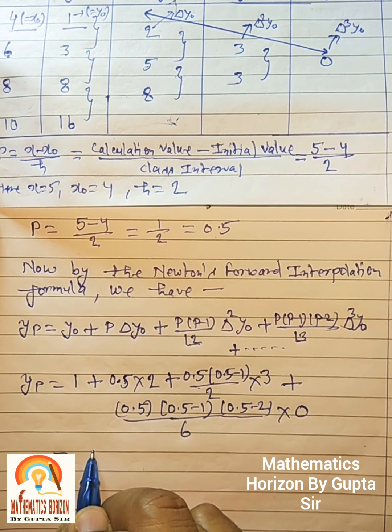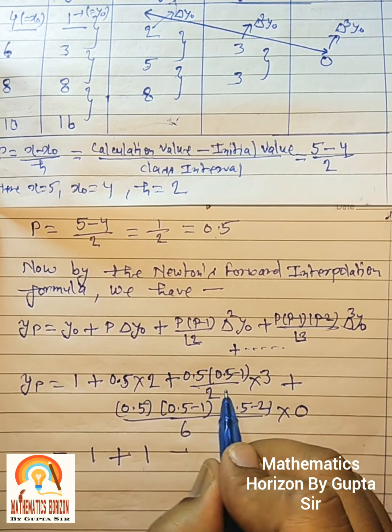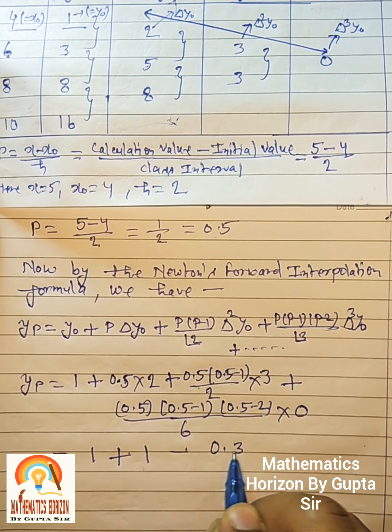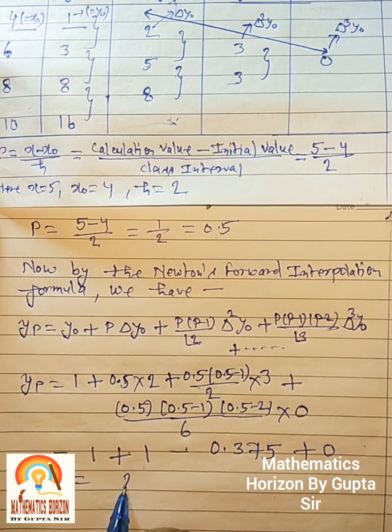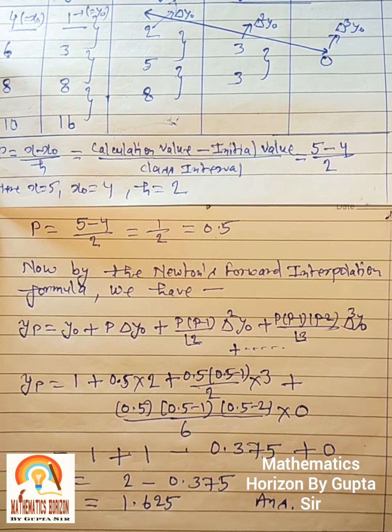Now solving this, it is 1 plus 1, and when we solve this we get here 0.375, and this is 0, that is 2 minus 0.375, that is 1.625, and this is the final answer.